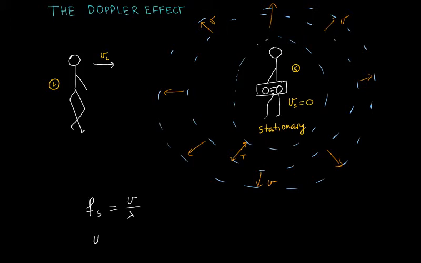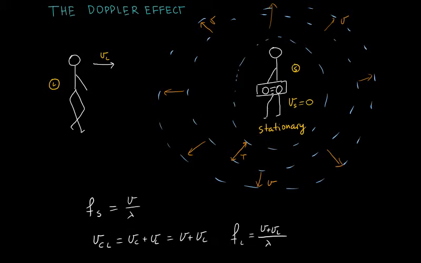So the speed of the crest relative to the listener equals the speed of the crest plus the speed of the listener, which equals V plus V_L. So the frequency that the listener hears equals (V plus V_L) over lambda.